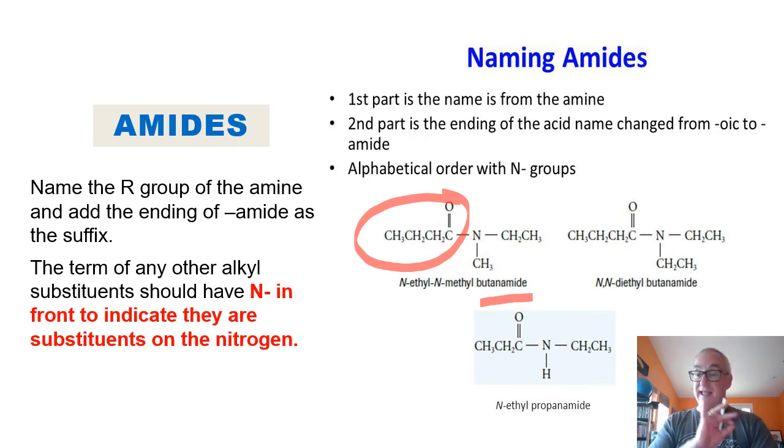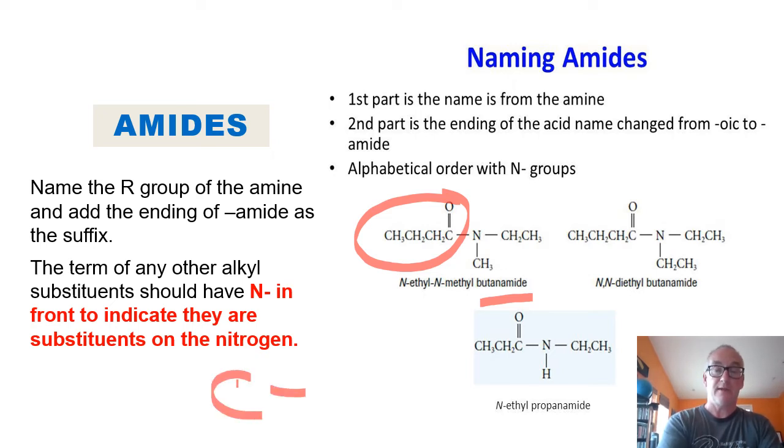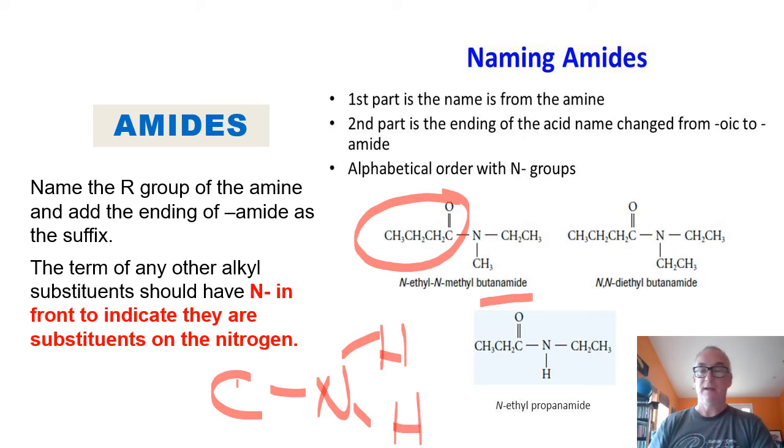Now, if there's nothing else attached to the nitrogen, if it's just carbon and then nitrogen with hydrogens on it, NH2, then we'd be done. We just say it's butanamide. But if it's not hydrogens attached to the nitrogen, and it's some other methyl group, ethyl group, some other carbon-containing group, then we will put N in front of the name of the molecule and name the substituents on the nitrogen.